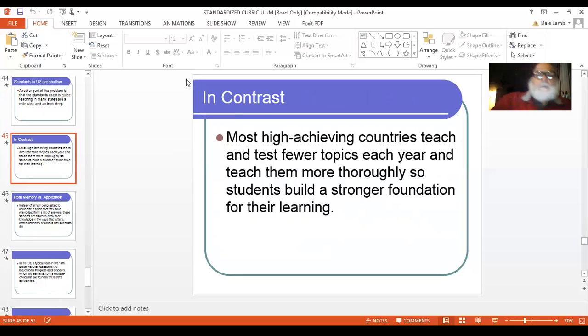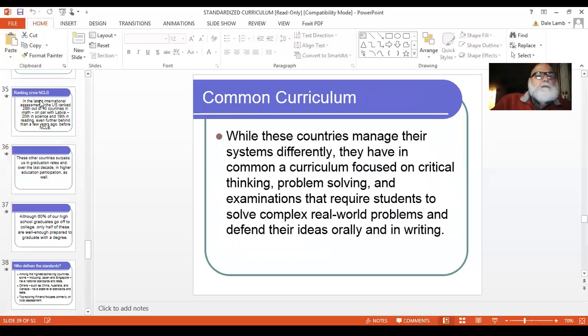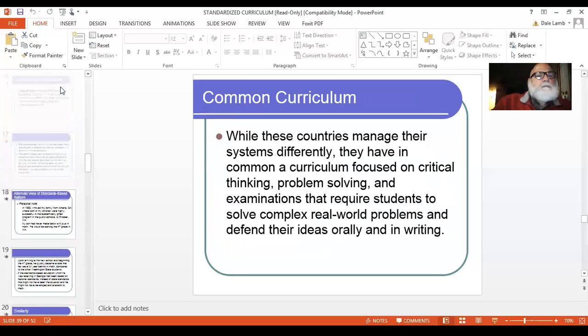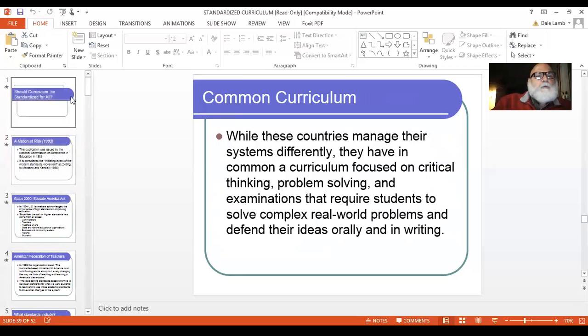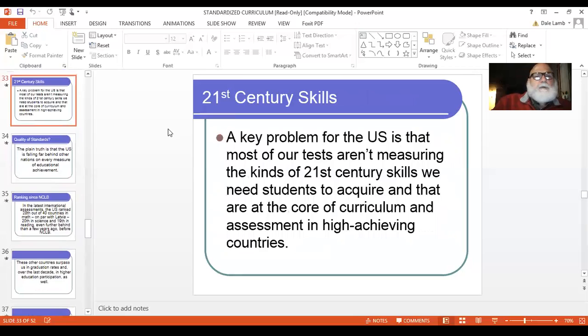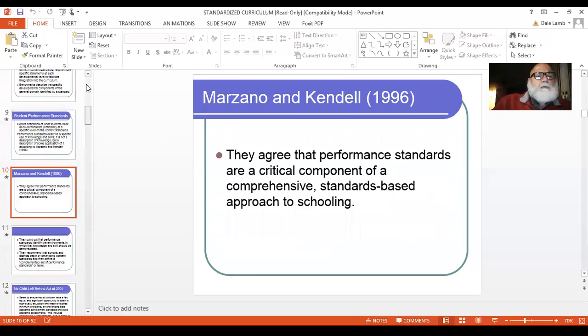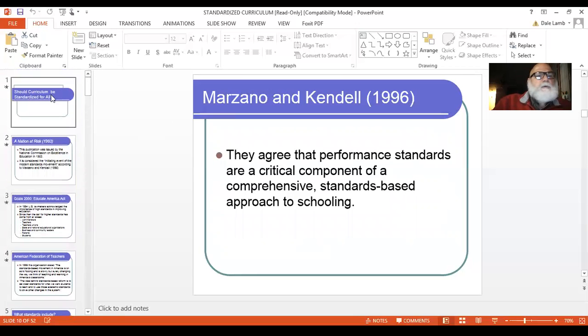So this is a good one for all of you budding curriculum specialists and principals who understand that curriculum drives your school. So again, this is under Zoom session 13.